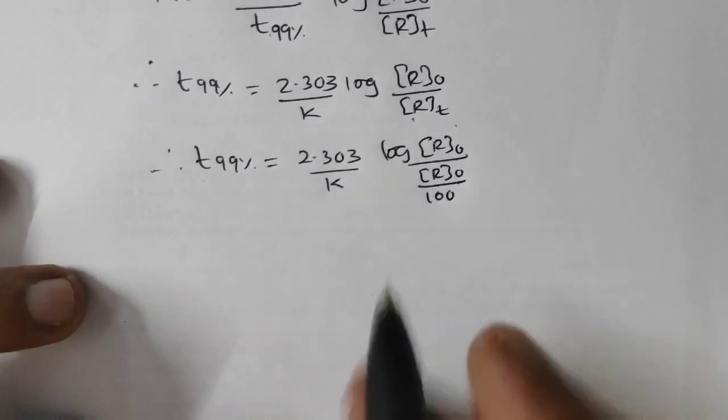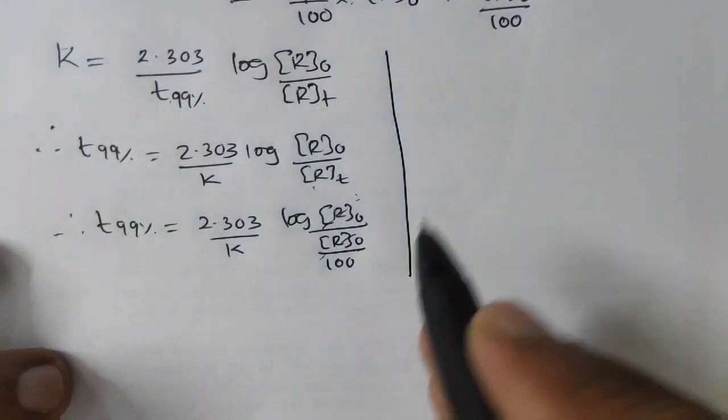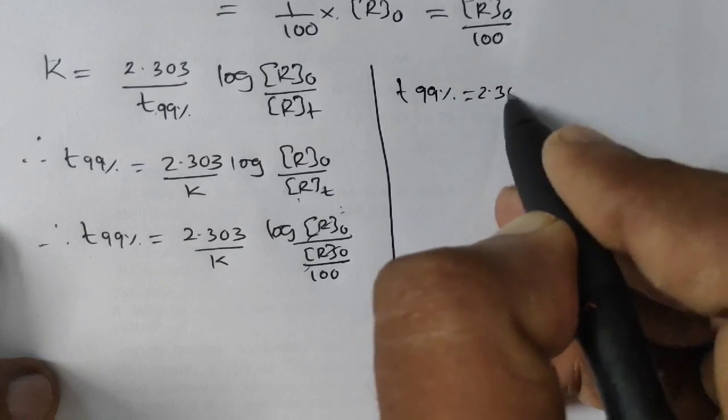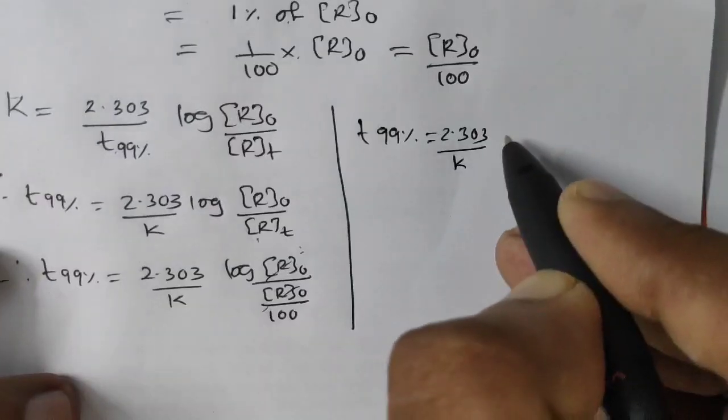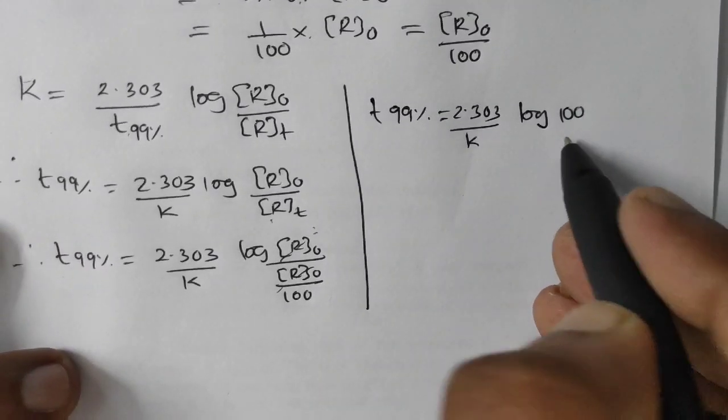So this R0 will get cancelled, and t99% will be equal to 2.303 by K log 100. Now log 100 will be 2. Why?